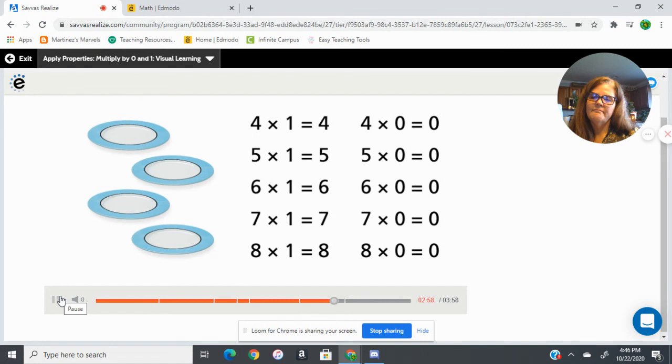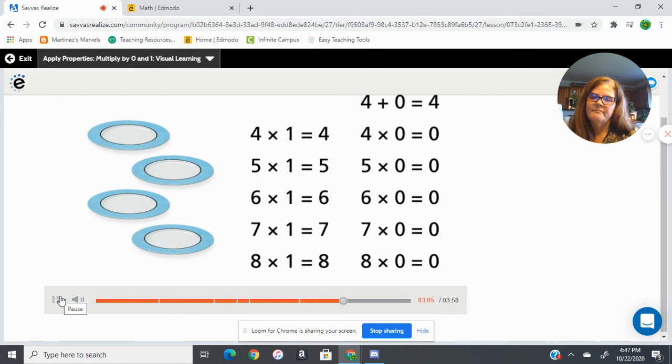Think about how this relates to adding with 0. How is the 0 property of addition different from the 0 property of multiplication? In the 0 property of addition, 4 plus 0 equals 4 means 0 is being combined with 4. In the 0 property of multiplication, 4 times 0 equals 0 means 4 groups of nothing.